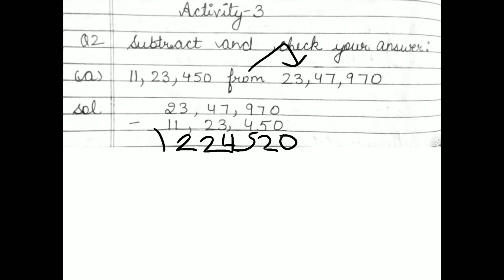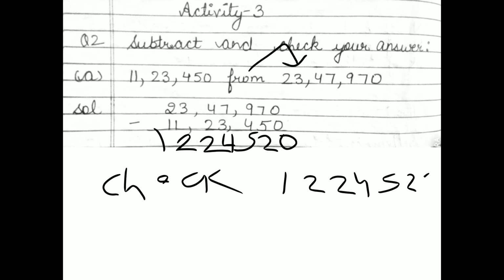How do you check the answer? As in the 4th class also I told you, this is minuend, subtrahend and difference. When you check the answer, you have to write in the opposite direction. Means firstly the answer. Firstly you write 1, 2, 2, 4, 5, 2, 0.